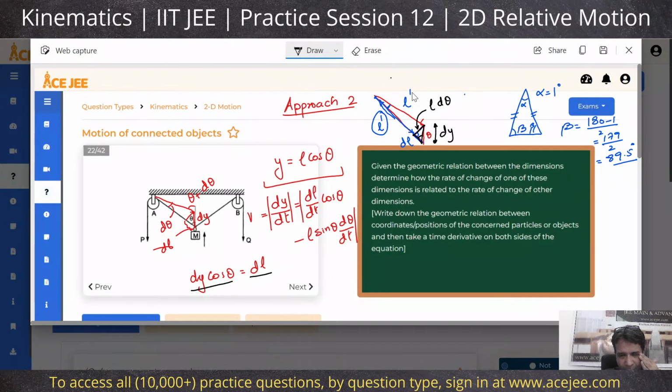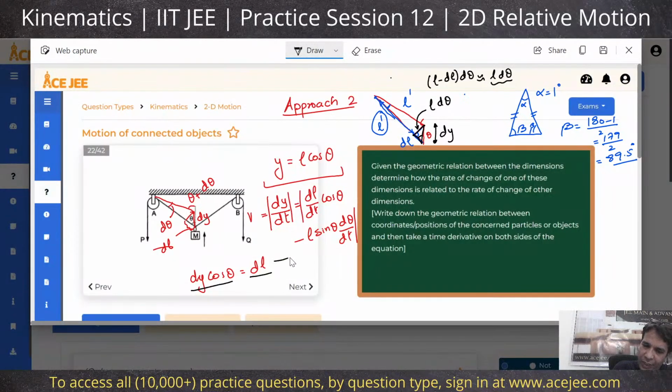So for all practical purposes, even if I would write it as L dash minus dl, that's very small. So instead of writing it as L minus dl times d theta, I can very well write it as L d theta. Why? Because when you open it up, you get L d theta minus dl d theta. dl d theta is obviously very, very small. This is a fair approximation.